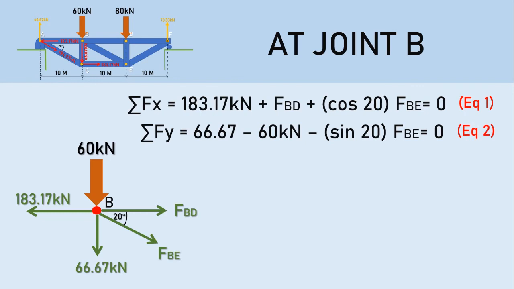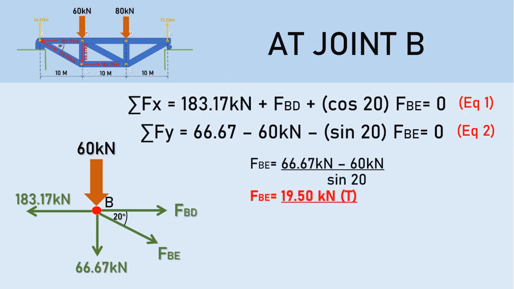So, jumbling up the equation, we can first solve for FBE. So, FBE is equal to 66.67 kilonewton minus 60 kilonewton over sine 20, which equates to 19.50 kilonewton.